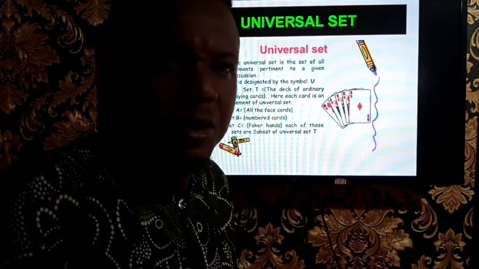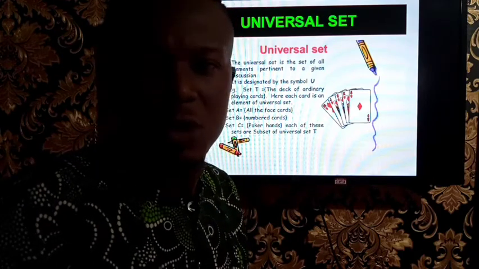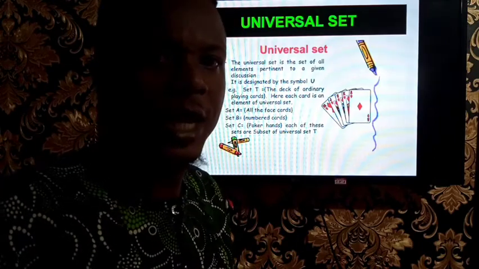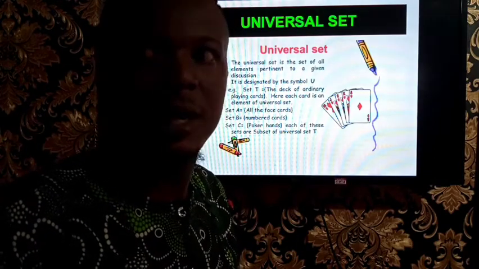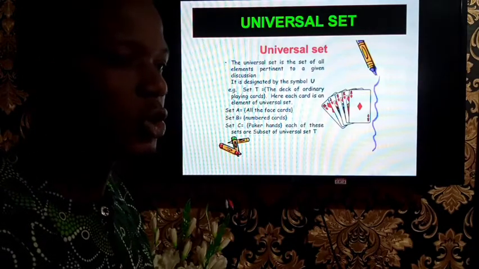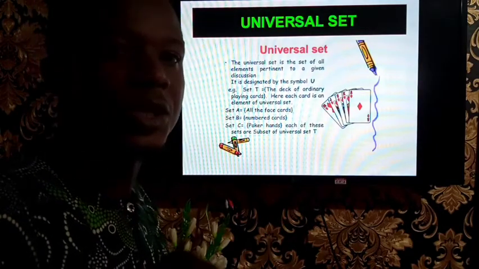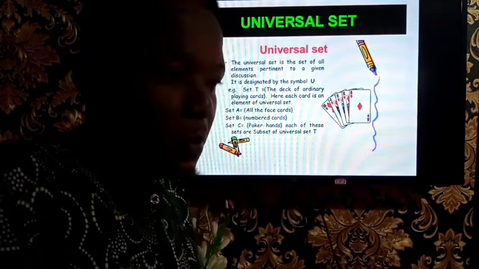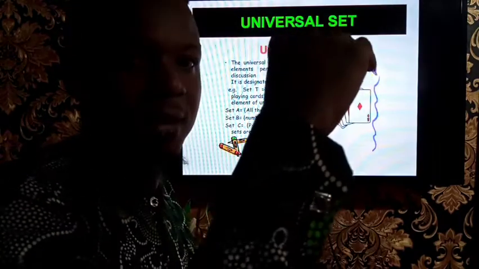Remember, this word is very important, under discussion. So whatever you are discussing, the set that is the chief, the set that contains every other set in that discussion is tagged the universal set. Let it be known to you today that Nigeria, which is the universal set of the states in her, can also be a subset of a higher set.